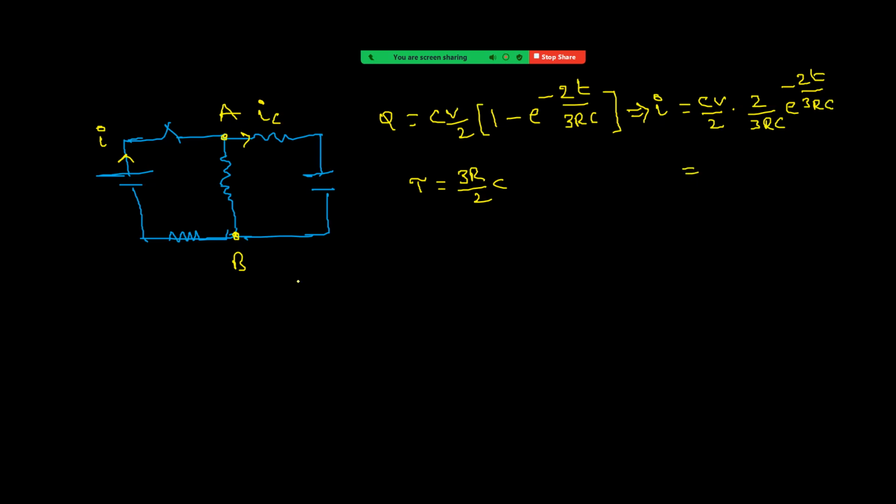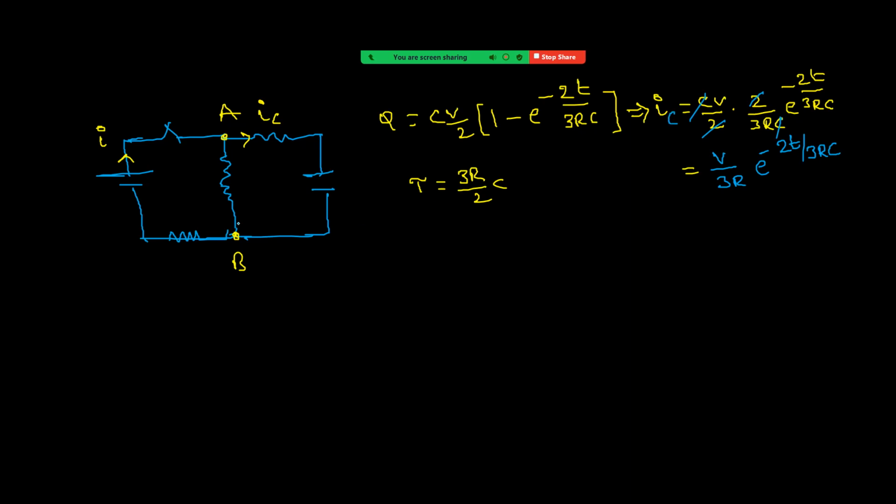Now see the calculation part. 2 gets cancelled. C and C get cancelled. V by 3R into e power minus 2t by 3RC. Okay, that is the current through the capacitor, IC.